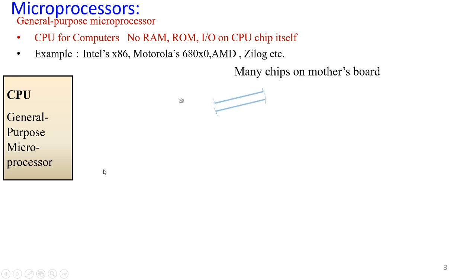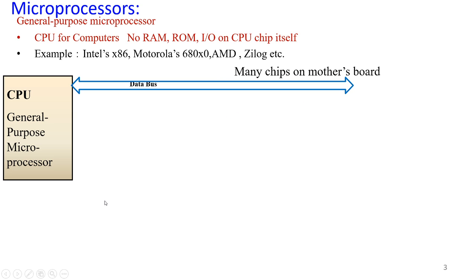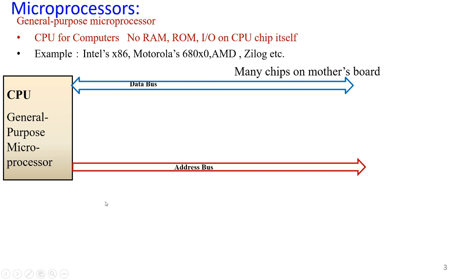The CPU consists of an address bus and a data bus. These two buses are there. What is meant by bus? A bus means a bunch or group of wires that carries information in the form of zeros and ones. The data bus is bidirectional, the address bus is unidirectional.